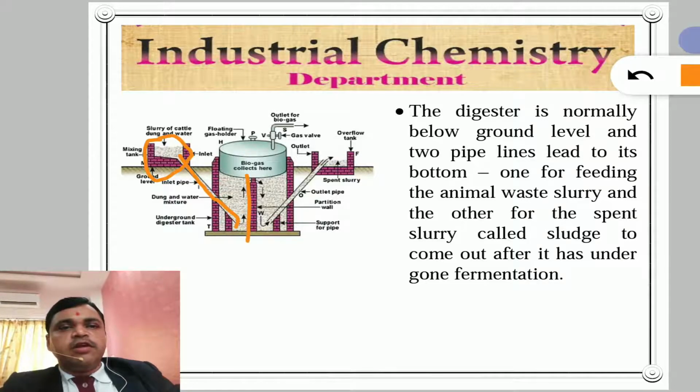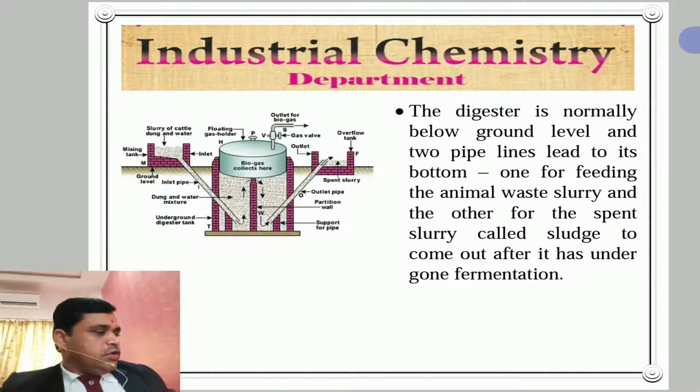This is the wall which separates the biogas plant into two parts. Now this slurry is fermented, and the material we get after fermentation comes out by this pipeline, called the outlet pipeline.